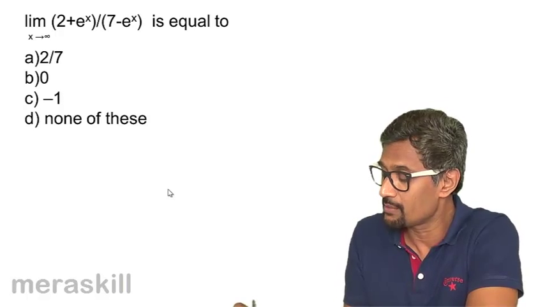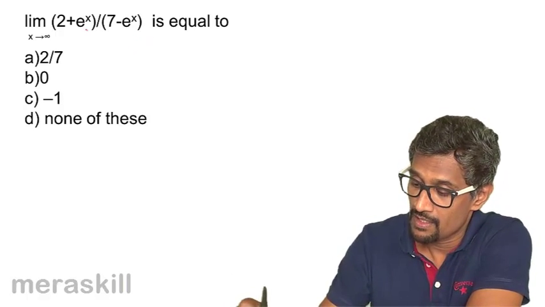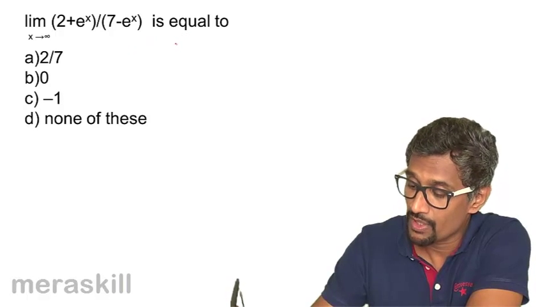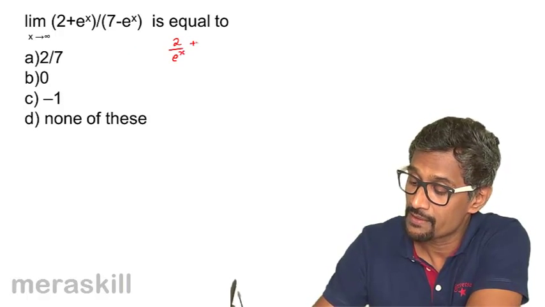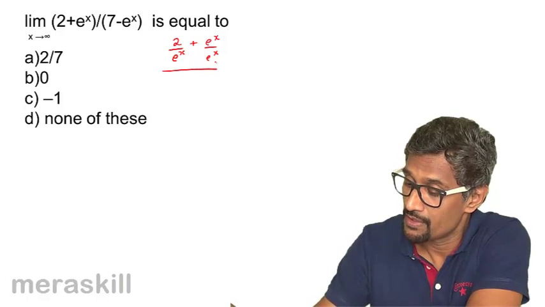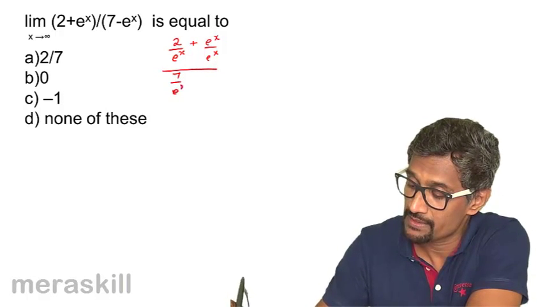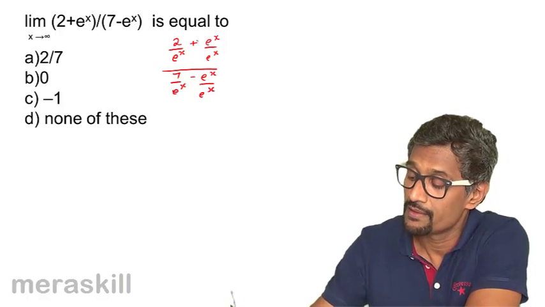Quite similar to that, we have this particular question. We have 2 plus e raised to x. So again you divide by e raised to x: 2 upon e raised to x plus e raised to x upon e raised to x, and here we have 7 upon e raised to x minus e raised to x upon e raised to x.